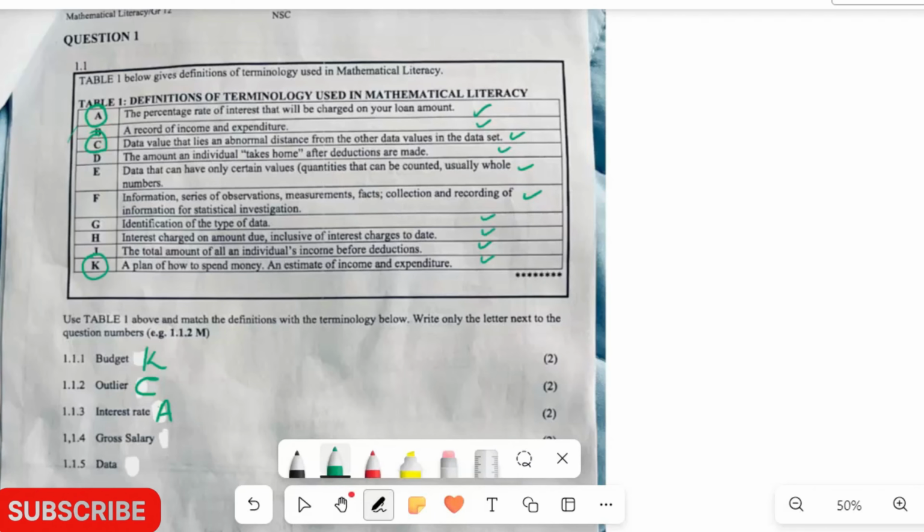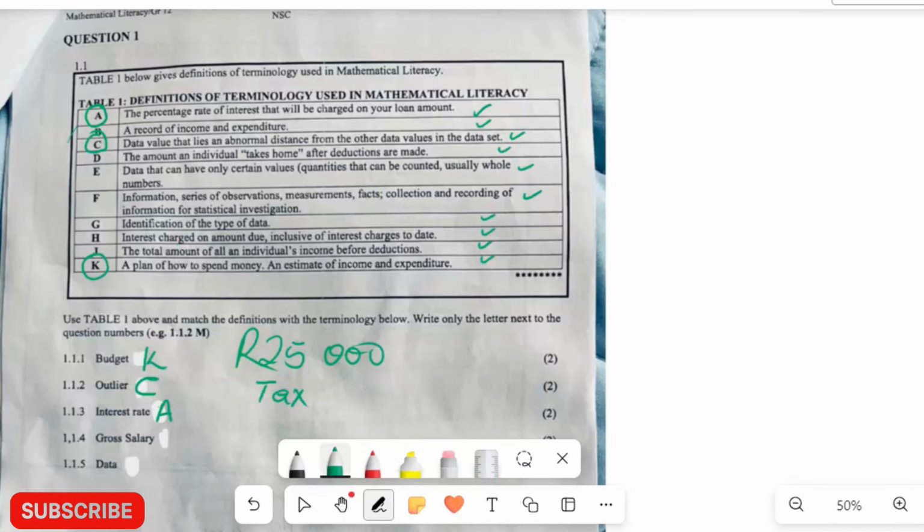Gross salary, 1.1.4. Gross salary is the total income before deductions. Let's say your gross salary is 25,000 rands. That is your gross salary, and you are going to be taxed.